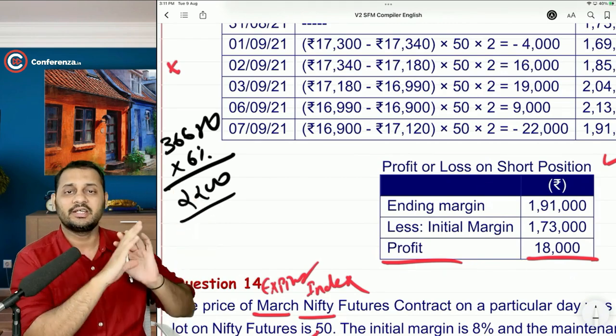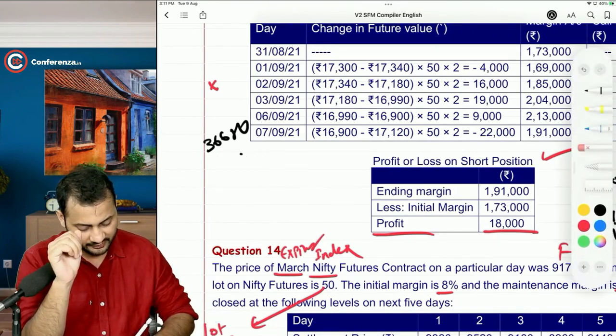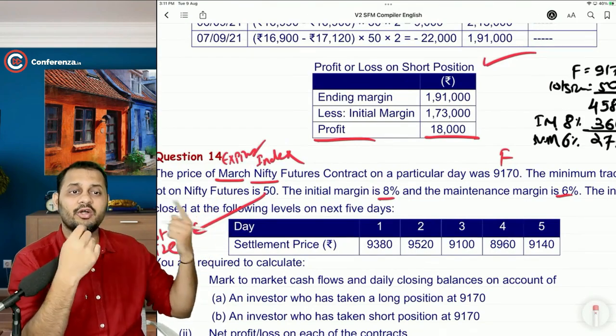So that 6% can never be of the initial margin unless and until something is specified. So what we are going to do, we are going to apply that 8% and 6% on the contract value.